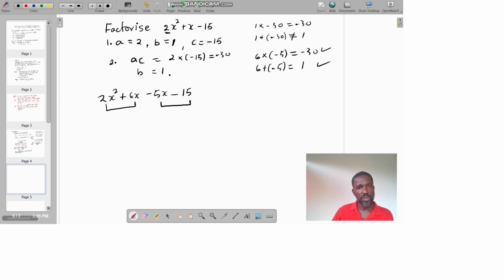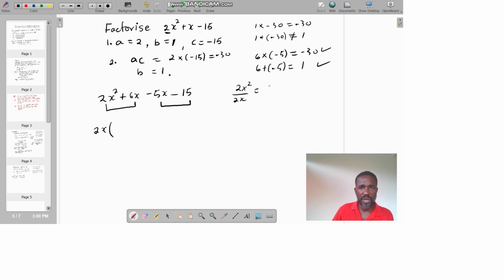What are we going to do? We see that 2 can be divided into itself and 2 can be divided into 6, so therefore 2 is a part of the HCF. And then we see x squared and x, so therefore x is a part of the HCF as well. So we have 2x squared divided by 2x.